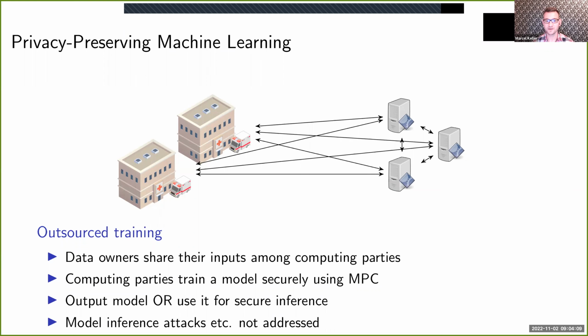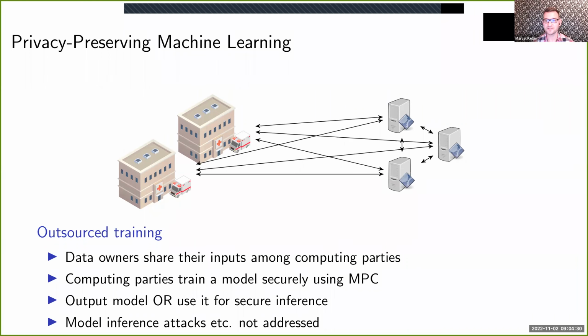There are, say, hospitals that have patient data, and they would like to train a machine learning model on their combined patient data, because of course more data means a better model. But there might be reasons why they're not allowed to give it away as such to a trusted third party.